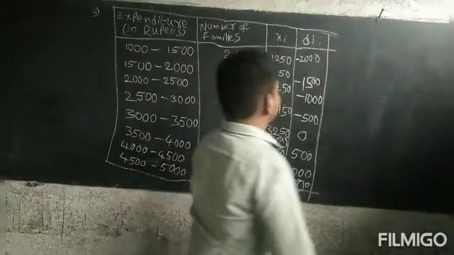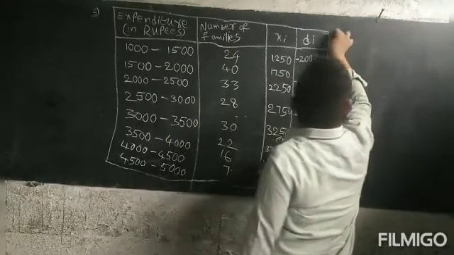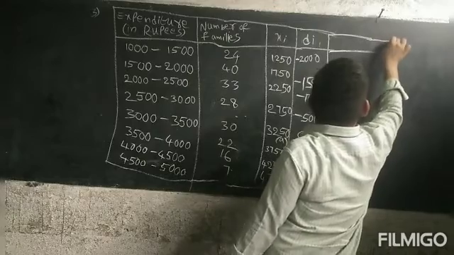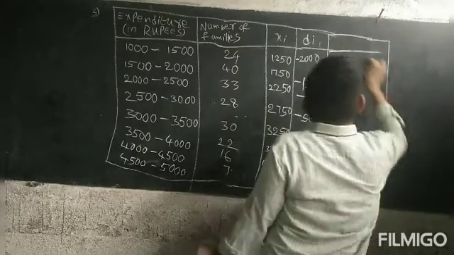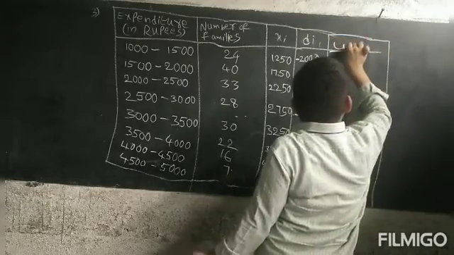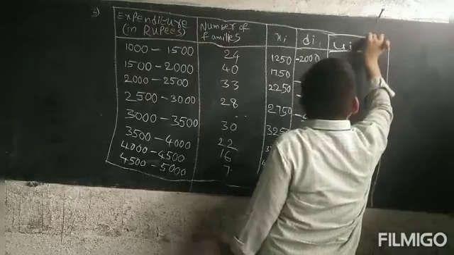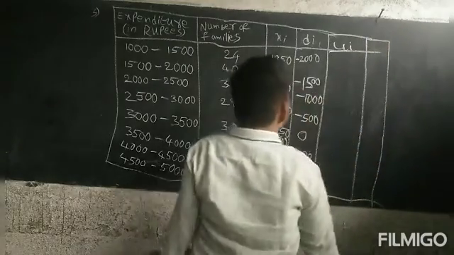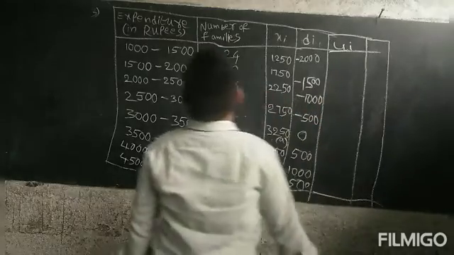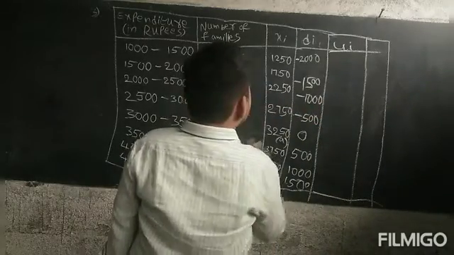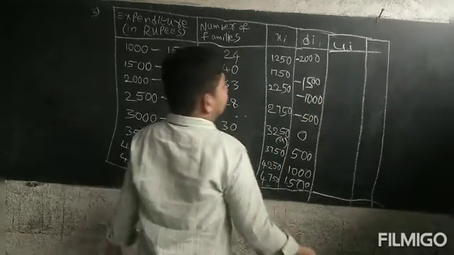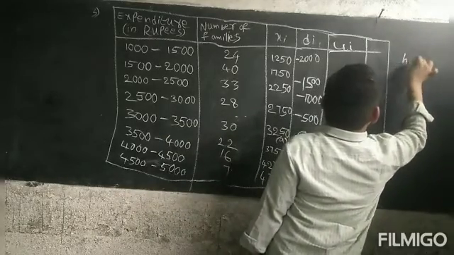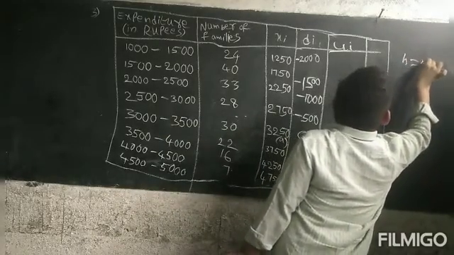So u_i equal to what? u_i equal to d_i by h. What is h? h equal to 500.